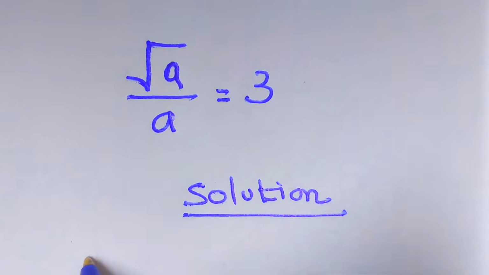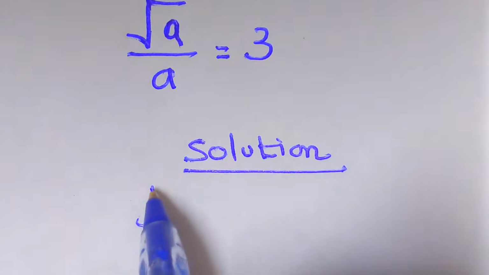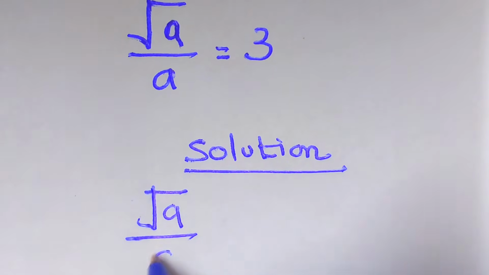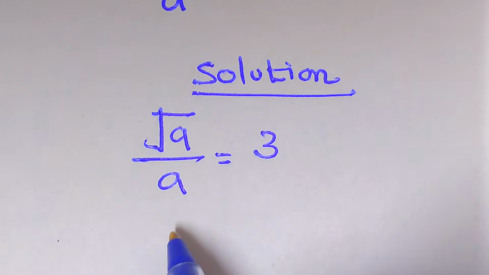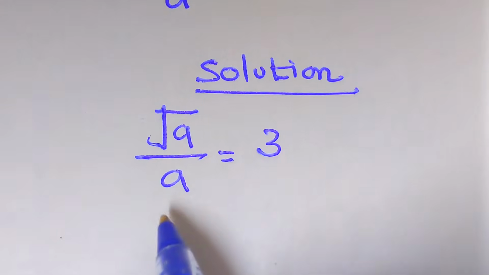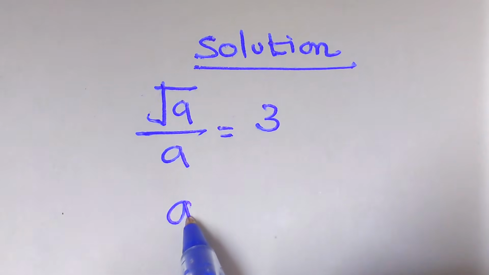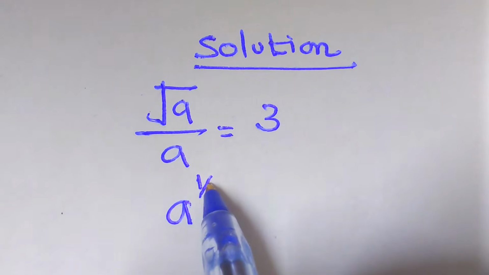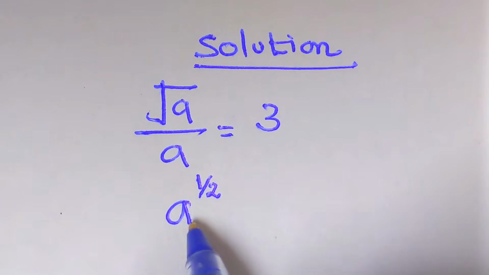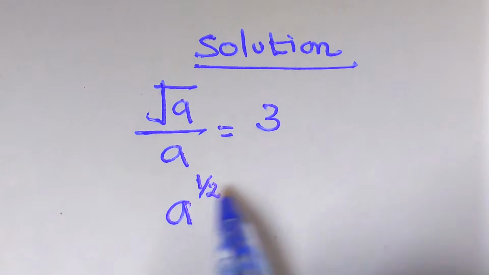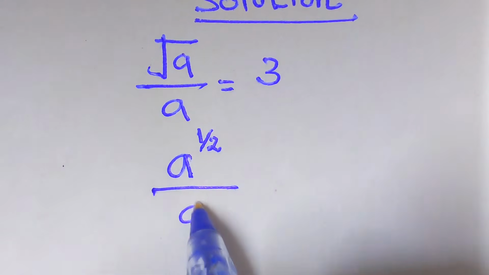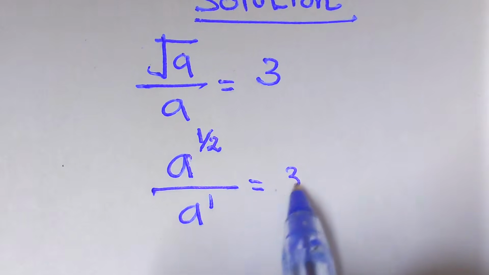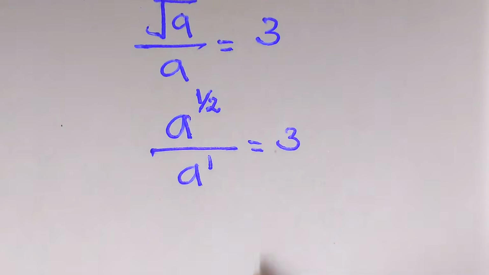Very quickly, here we have to copy: the square root of a over a equals 3. Of course, here you know that the square root of a is a power 1 over 2, then over a power 1, which equals 3.